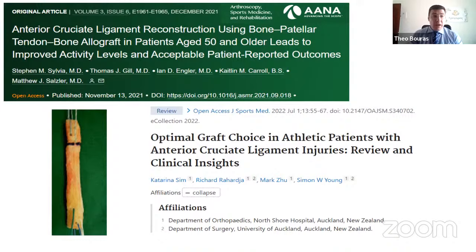And then finally, this very recent review reported what is mostly known and what makes the BTB very popular: better functional results, low revision rate, functional results that are better in younger patients, and faster return to pre-injury level activities.